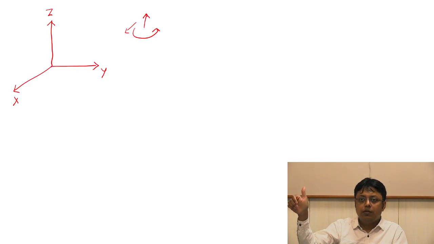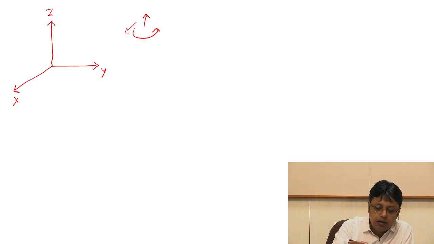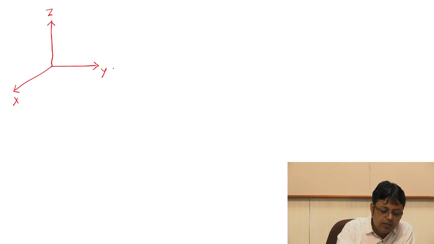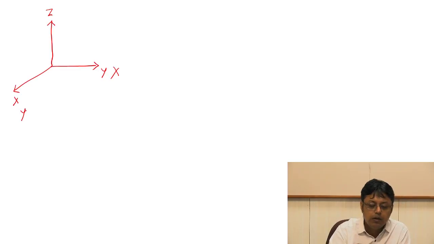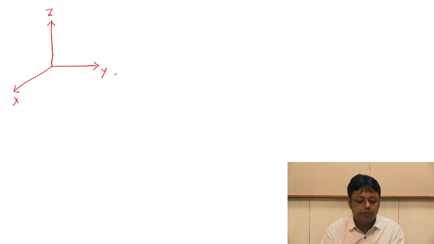So from x to y, if I rotate, z should point out. That's known as the right-handed rule. If I had chosen it the other way, if I switch any two of them, like if I write x for this and y for this, then it will be a left-handed system. You can easily realize it.